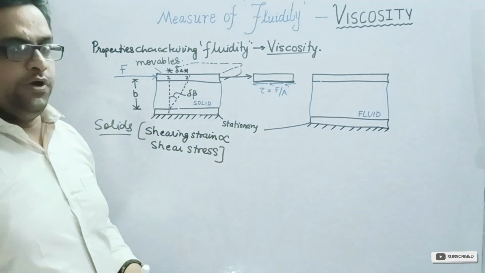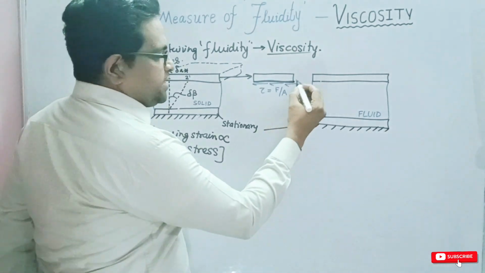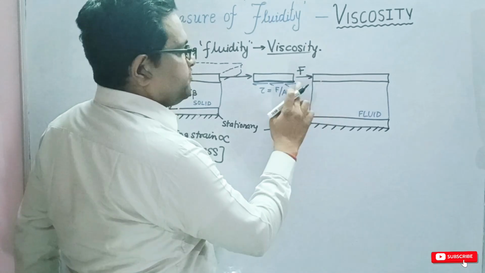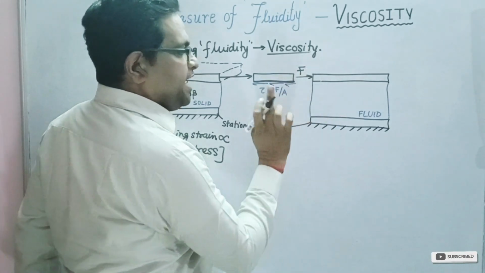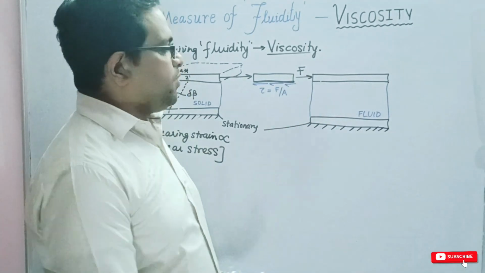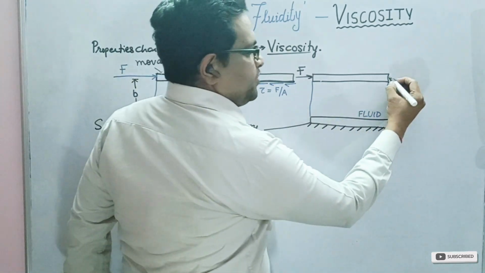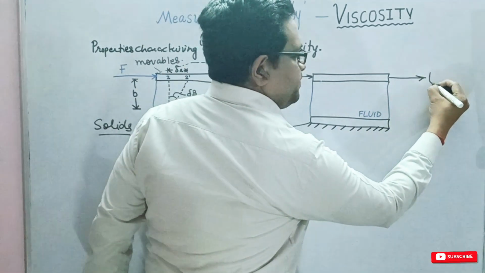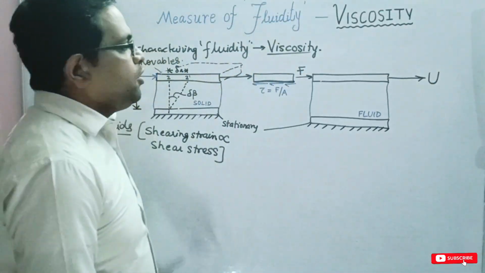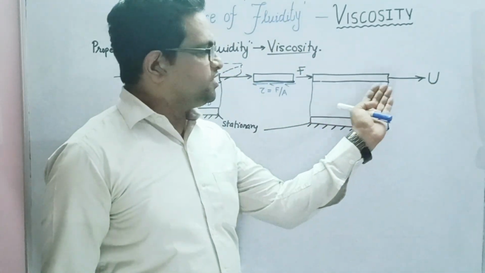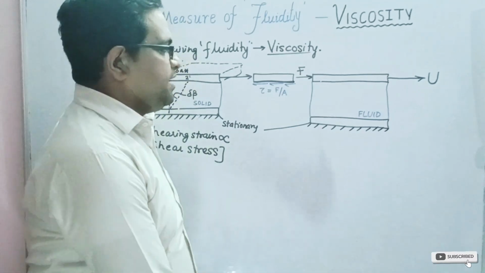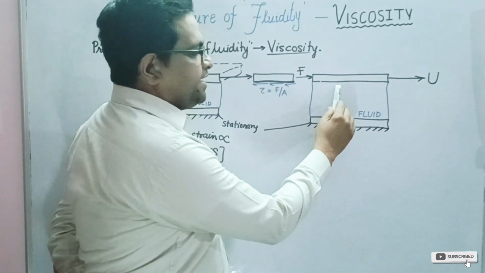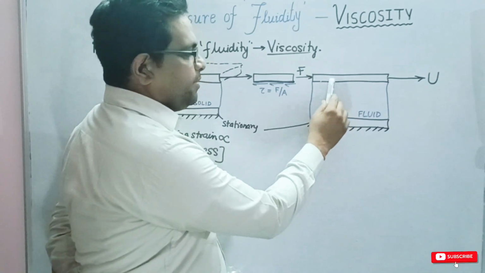What happens in case of fluid? Now see, here also the force F is applied on the above plate. The shear force applied on the above plate is F, and as a result of this, the above plate will assume a velocity, say capital U. Now, when the above plate is moving with the velocity U, what will happen at the contact surface between the above plate and the fluid layer in direct contact with it?